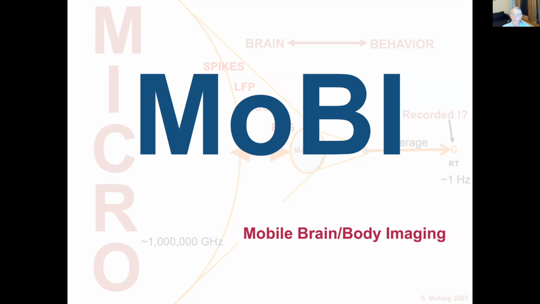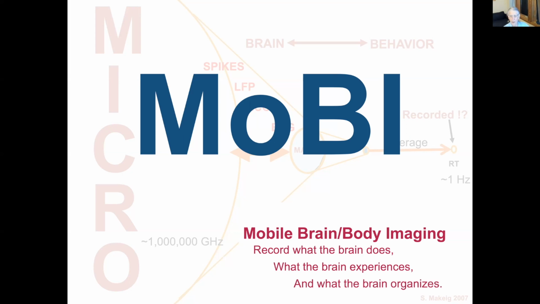And so I ventured the acronym MOBI, which I defined as recording what the brain does via EEG, MEG, or other brain imaging modality, what the brain experiences, not only a record of the events produced by the experiment control program, but even recordings in more natural situations of what the subject hears, of what the subject sees, and how they move, because that is what the brain organizes. What the brain organizes is our behavior.